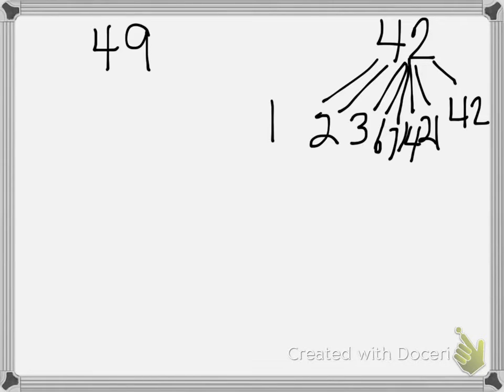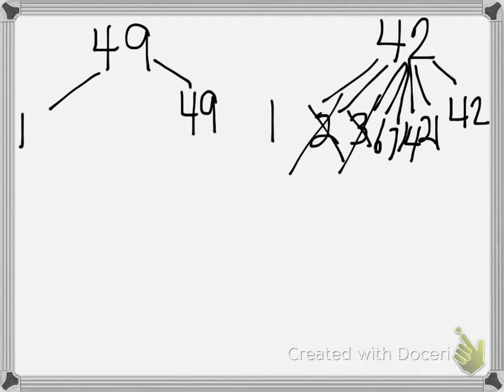Now look at 49. We know that 1 times 49 makes 49. But it's not an even number, so it's definitely not a 2. So that doesn't fit. If you try to divide 3 into 49, that doesn't work. If you try to divide 6 into 49, that doesn't work.